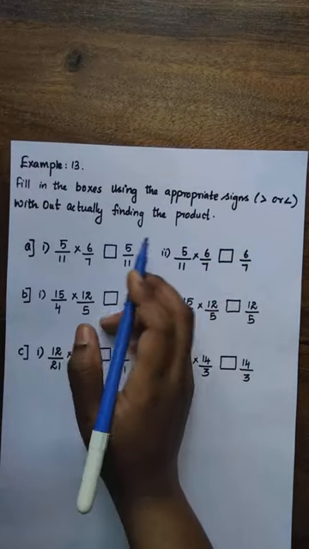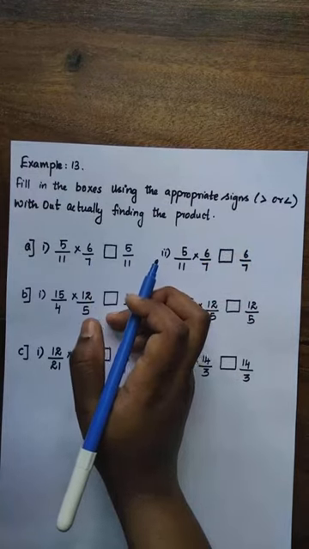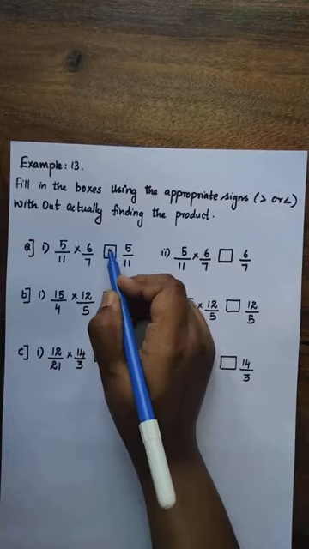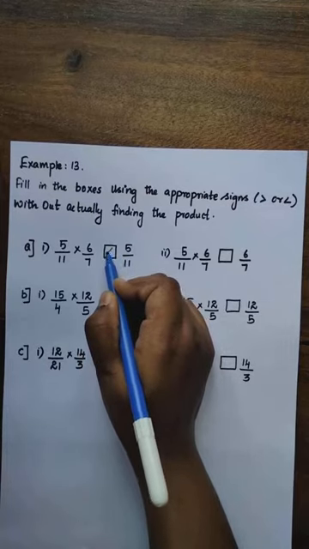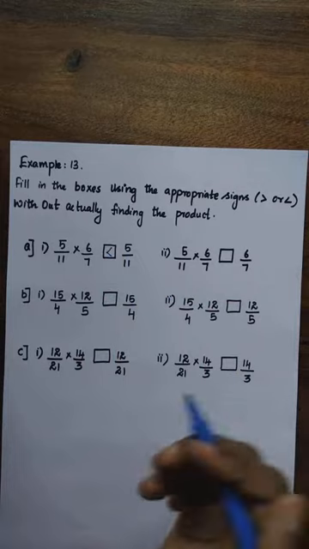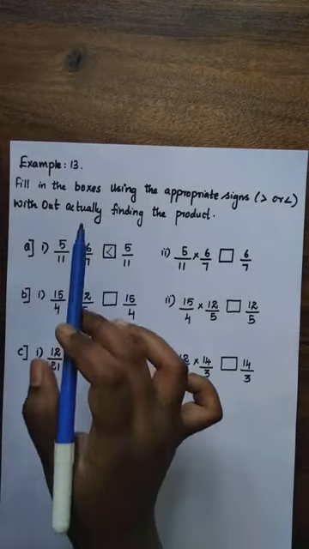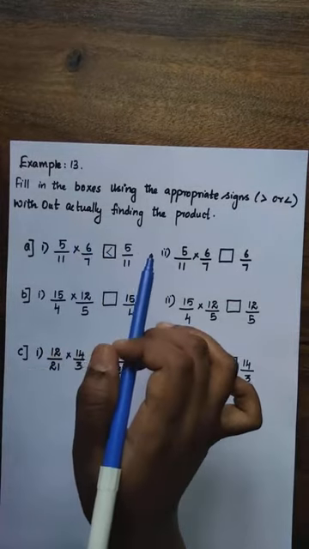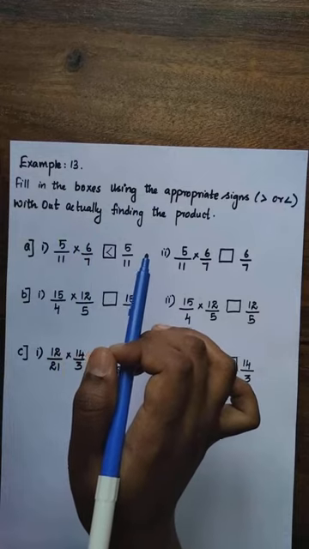So when two proper fractions are multiplied, the product is less than each of the fractions. So put the less than sign.